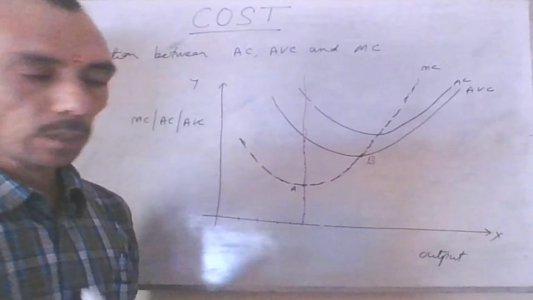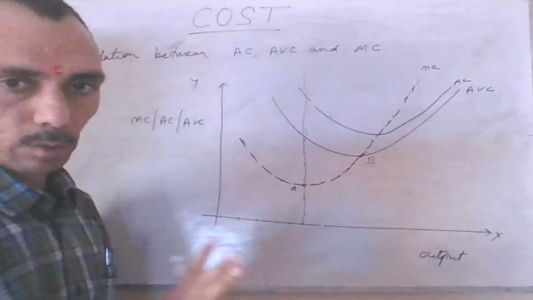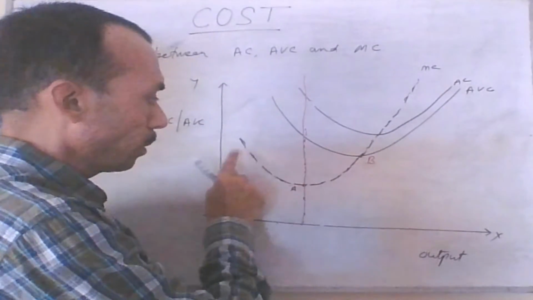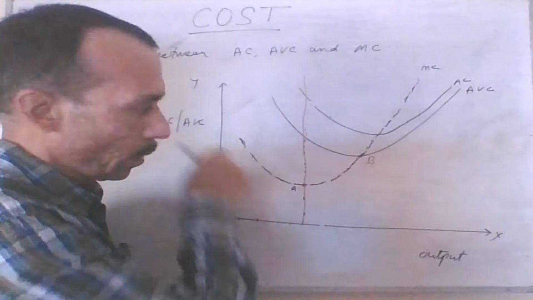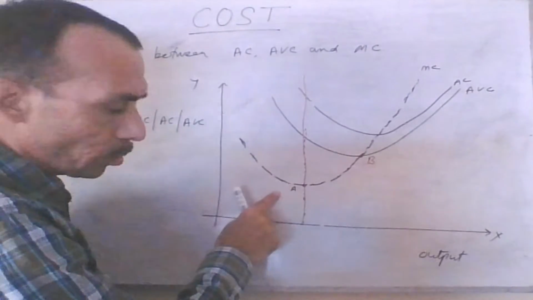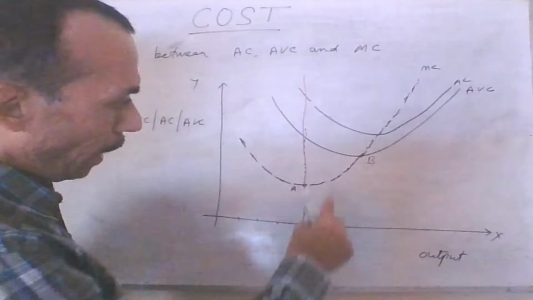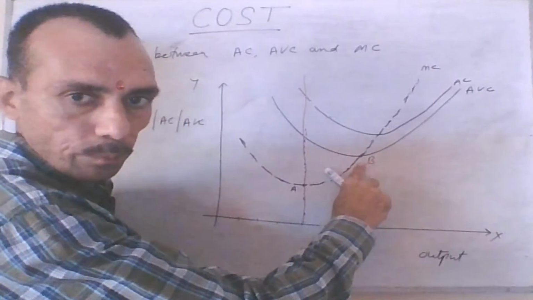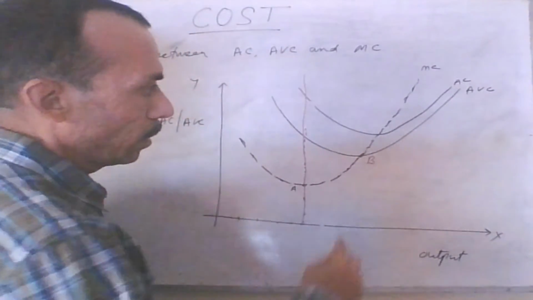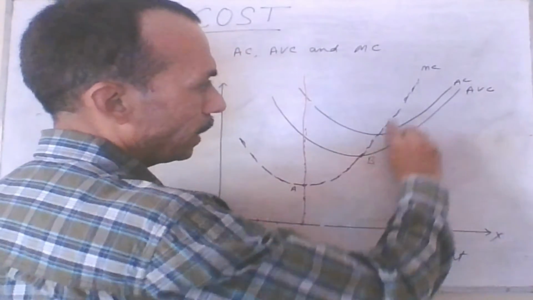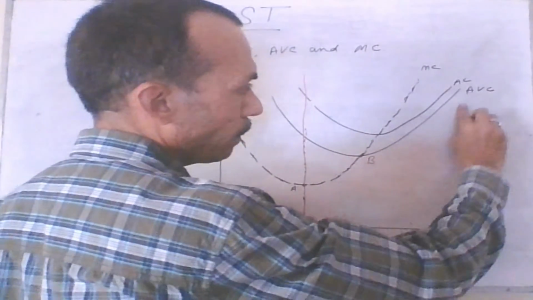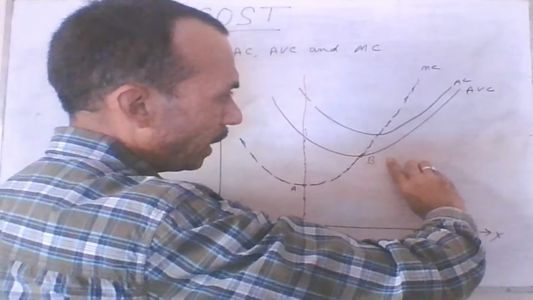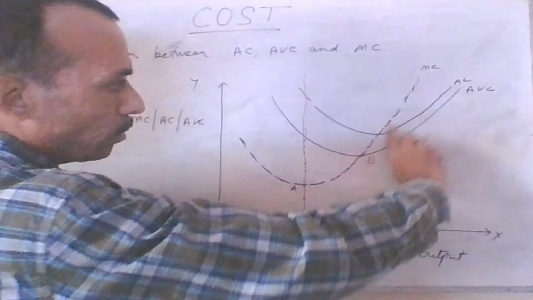First, the relation between marginal cost and average variable cost: when the average variable cost falls, marginal cost also falls. Second, marginal cost intersects average variable cost at its lowest point. Another relation: when marginal cost rises, average variable cost also rises, or when the average variable cost rises, marginal cost also rises.